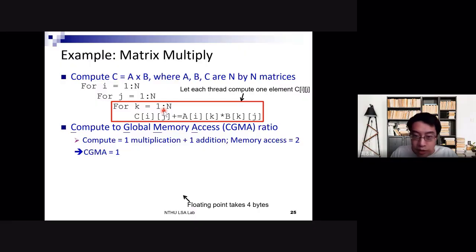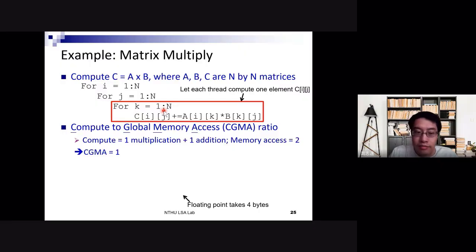First of all, we want to see how much global memory access is performed in your code. One way to measure that is called the compute to global memory access ratio, abbreviated as CGMA.